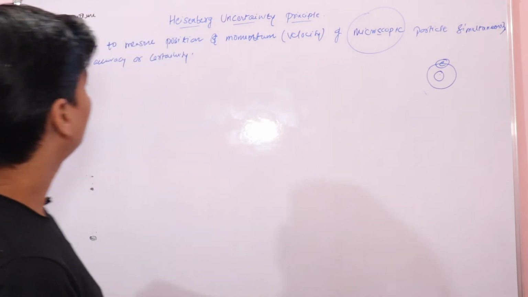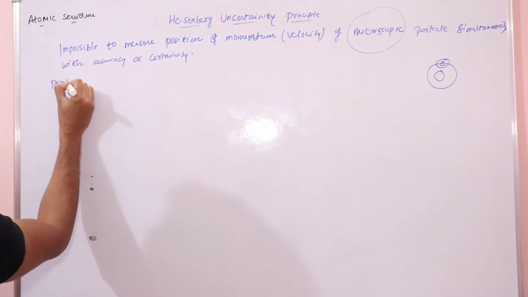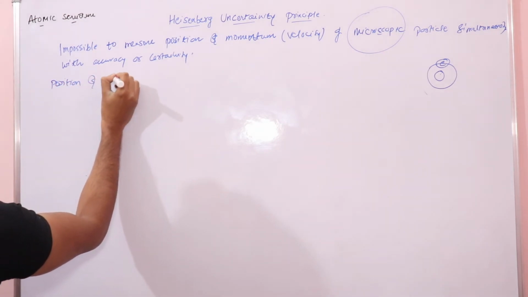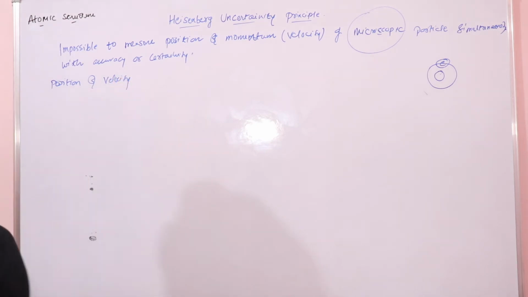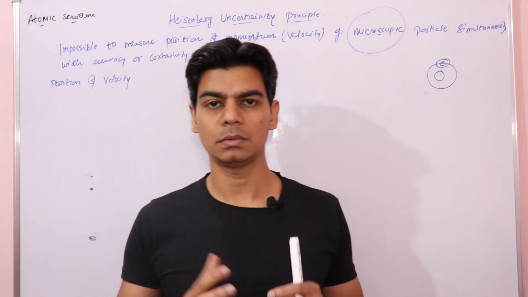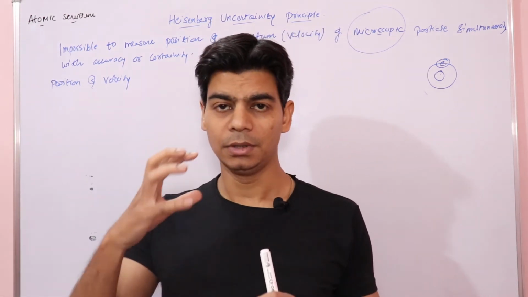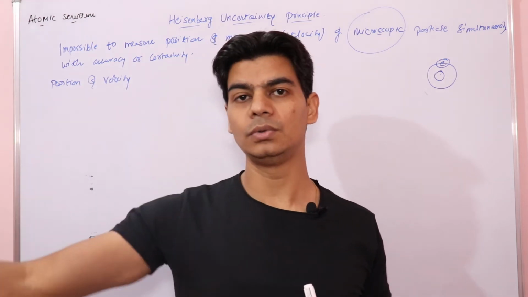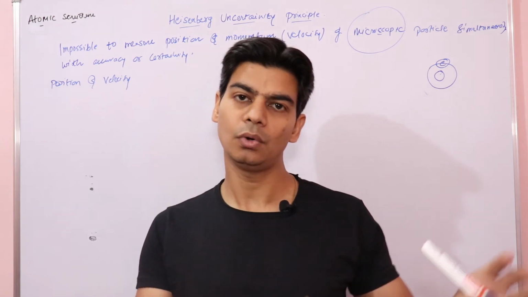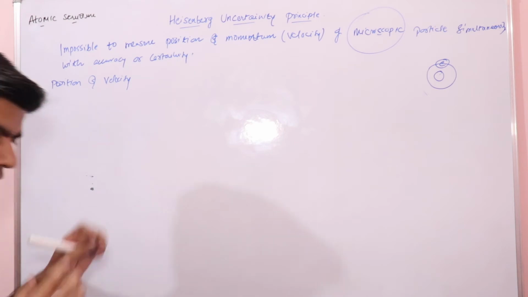When we say we cannot determine the position and velocity, note that in order to determine the position of any object, we need to view that object. If that object is visible to us, we would be able to locate that object. So first thing is the visibility of the object.